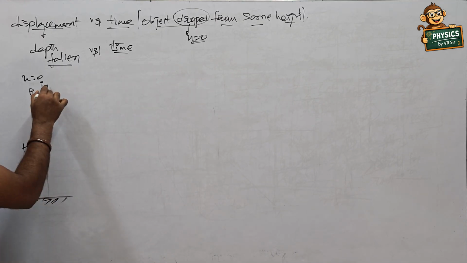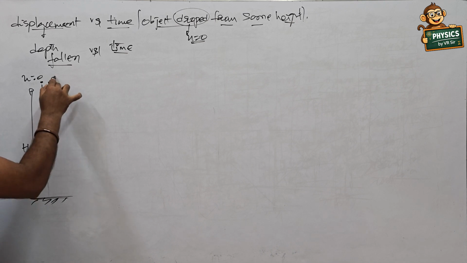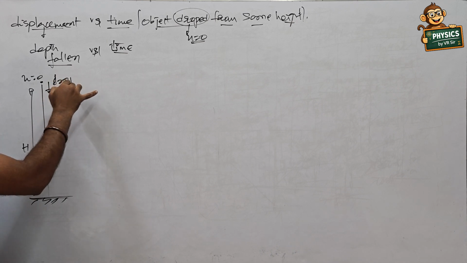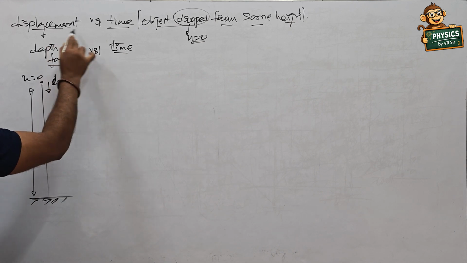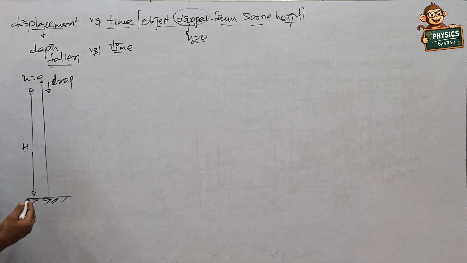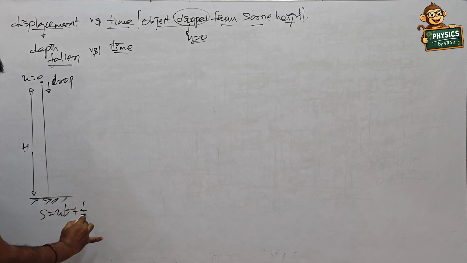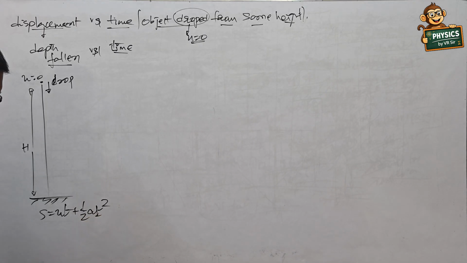Now it is dropped, right? u is equivalent to 0. In this case, they are asking displacement versus time. Which formula should we use to analyze this? We should use S is equivalent to ut plus half at square, and of course initial velocity is 0.